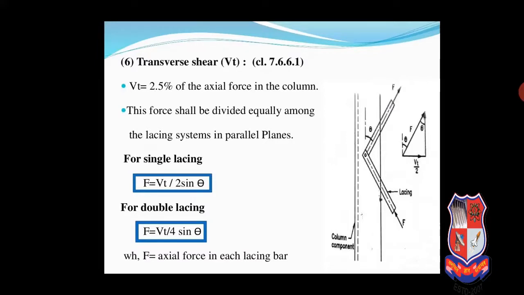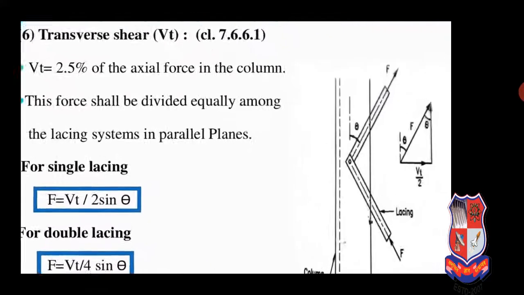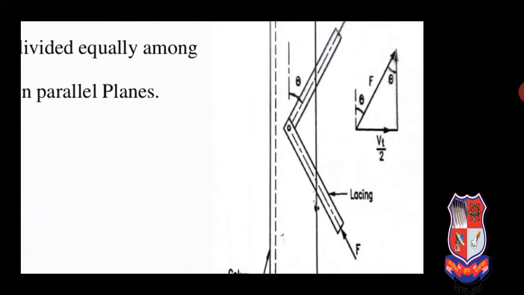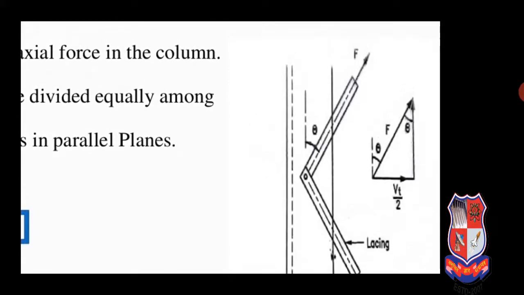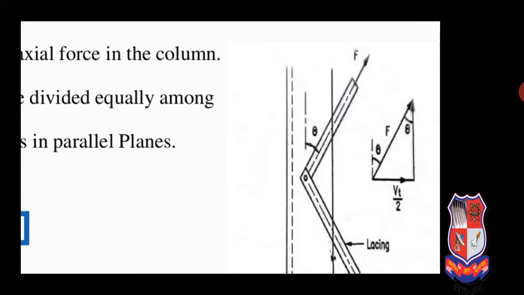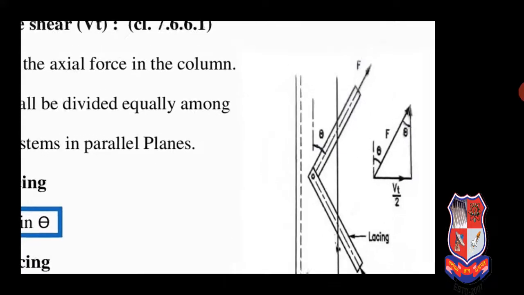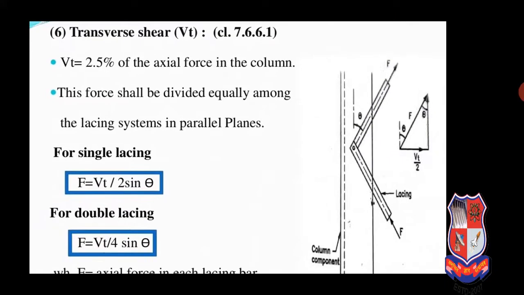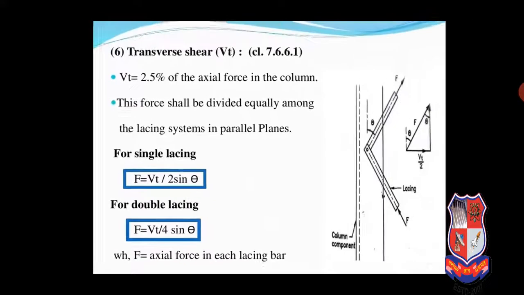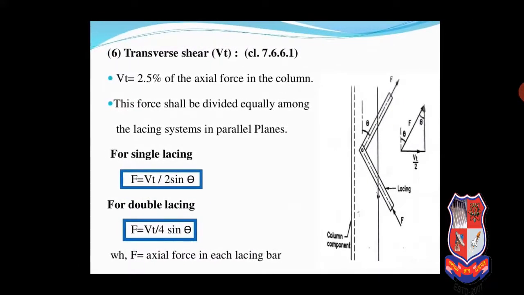So for single lacing, F is equal to VT by 2 sin theta. How is it calculated? You can see the figure. This force we take parallel. F is the force, theta is the inclination of the lacing, and it is converted into the dividing force F divided by 2, which means VT by 2. So finally for single lacing we get F equal to VT upon 2 sin theta.